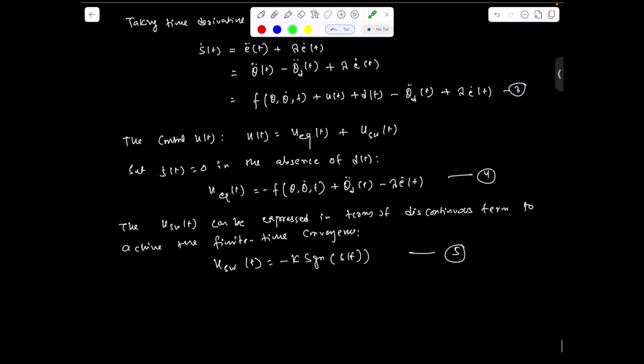So this is the simple way you can design the equivalent control and sliding control. And disturbance, anyways, we are making it 0 when S dot equal to 0.